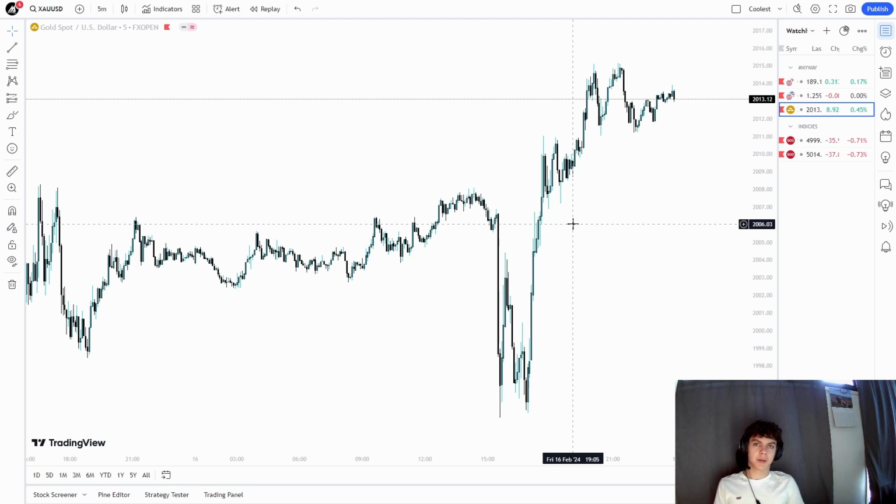So, fair value gaps. What are fair value gaps and how can we spot them in the markets? First of all, before I say anything, I must give a shout out to ICT, because I don't own this concept. ICT, Inner Circle Trader, made this concept, okay? But I use it a little differently, because this is trading.